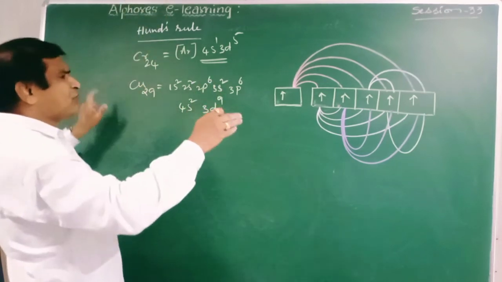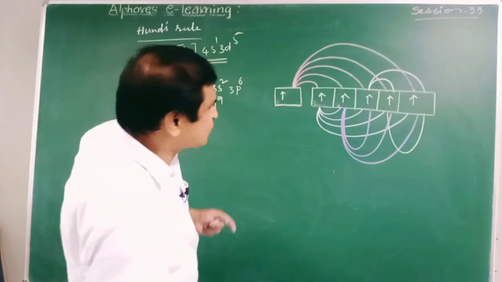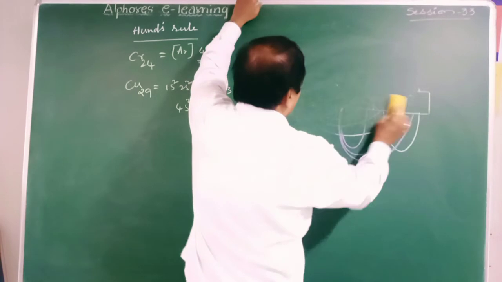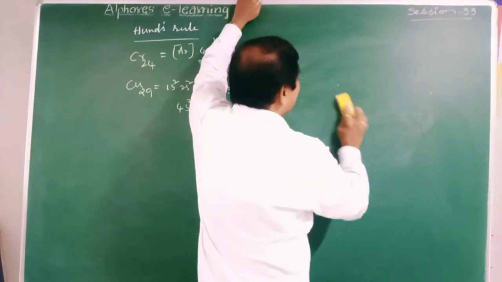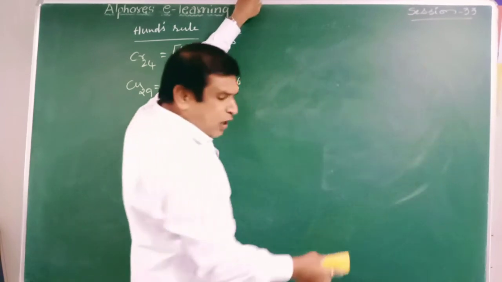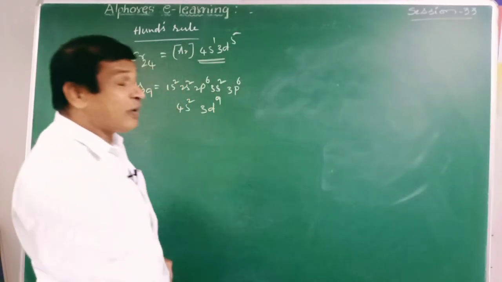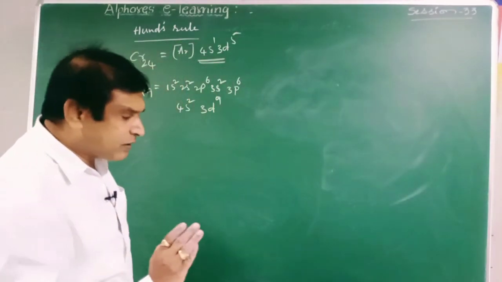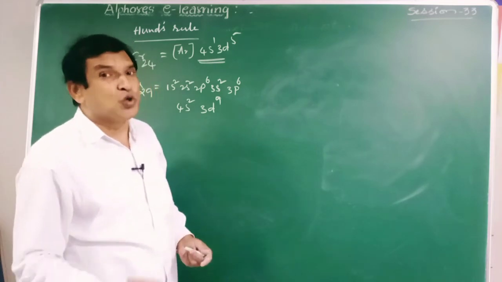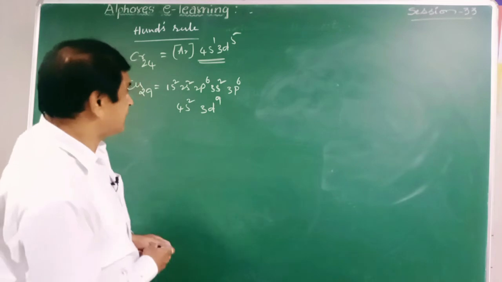That is the normal configuration of copper. When it is a normal configuration, why do we have to discuss it? Because copper shows deviation from the normal electron configuration to acquire extra stability.